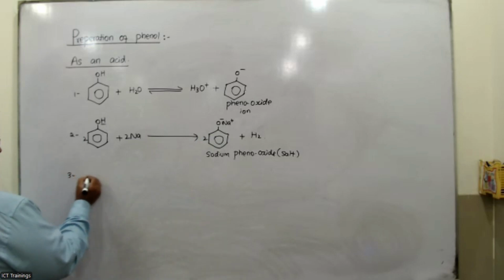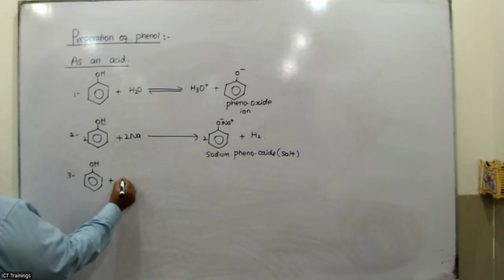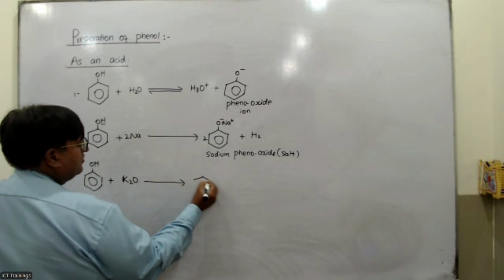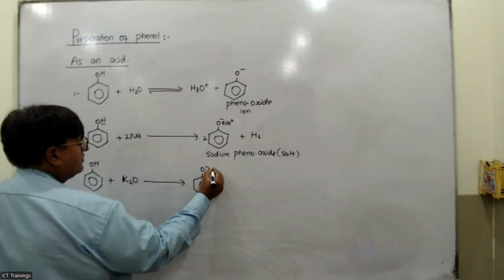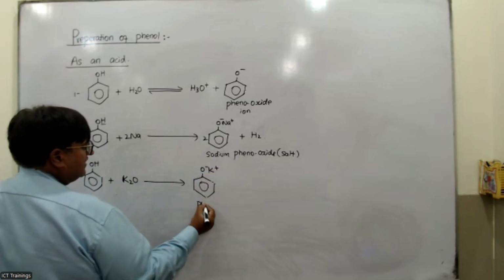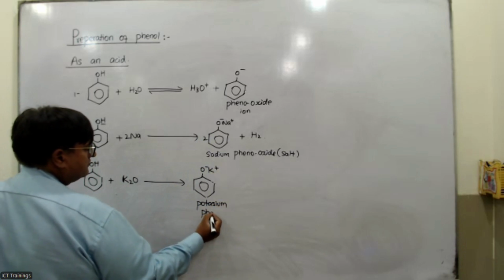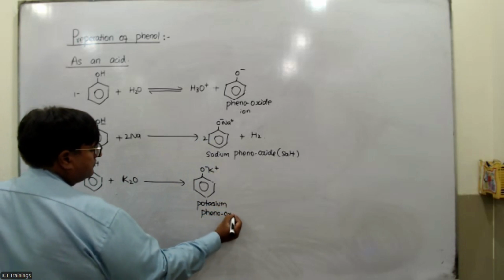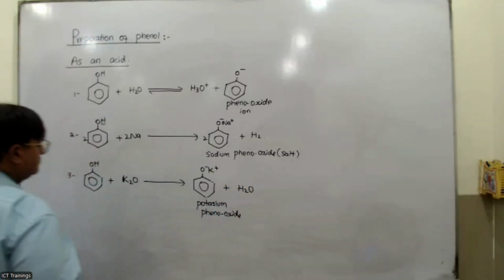The third reaction, my dear, this is the phenol. If you react it with a metal oxide like potassium oxide K2O, it is going to form O minus K positive. So this is potassium phenoxide, plus water being produced.